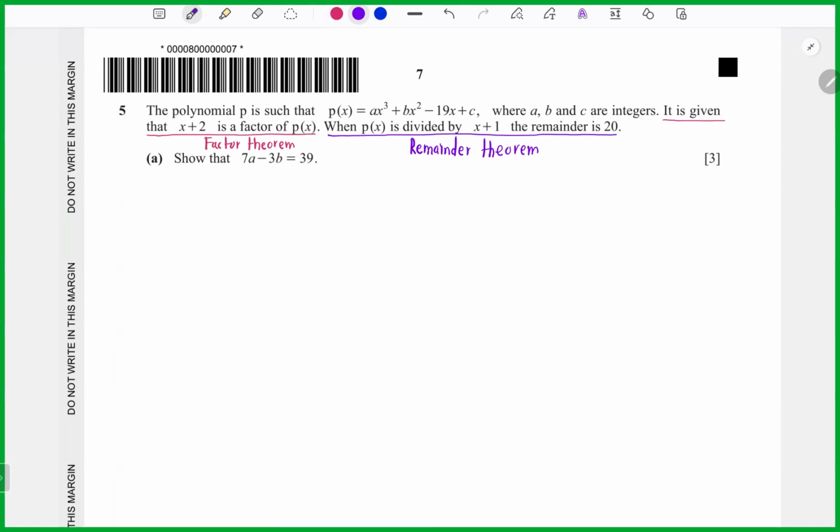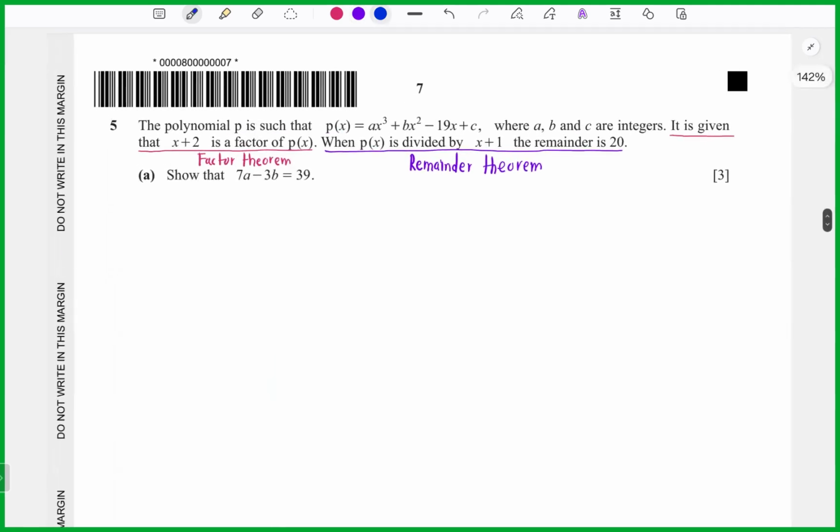Show that 7a minus 3b equals 39. So how to get it? Okay, now we try. x plus 2, so it means x equals negative 2. So your p(x) will equal 0.